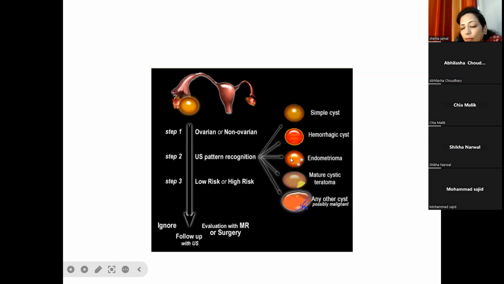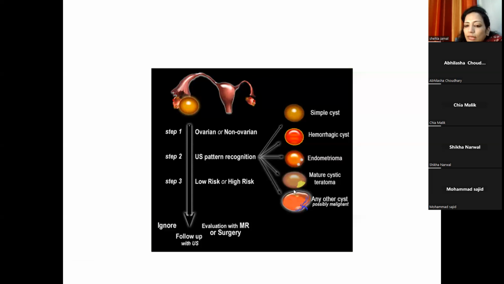Third will be endometrioma, which is classically having a ground glass appearance on ultrasound. Then there comes mature cystic teratoma, which is also known as dermoid cyst. There, the sonologist can find fat content, hair, tooth, bone, or anything that is quite heavy also. And it is diagnosed to the tune of 99% during ultrasound.